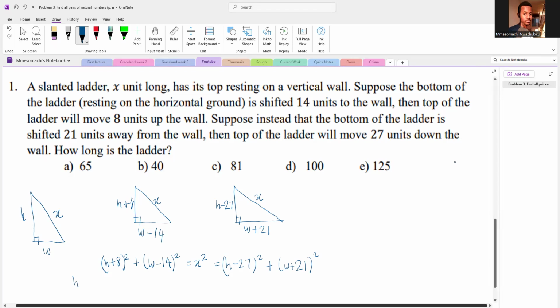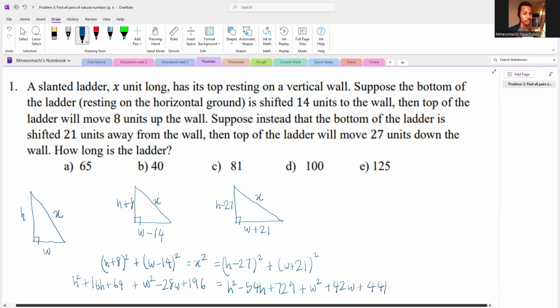So we have H squared plus 16H plus 64 plus W squared minus 28W plus 196 is equal to H squared minus 54H plus 729 plus W squared plus 42W plus 441.